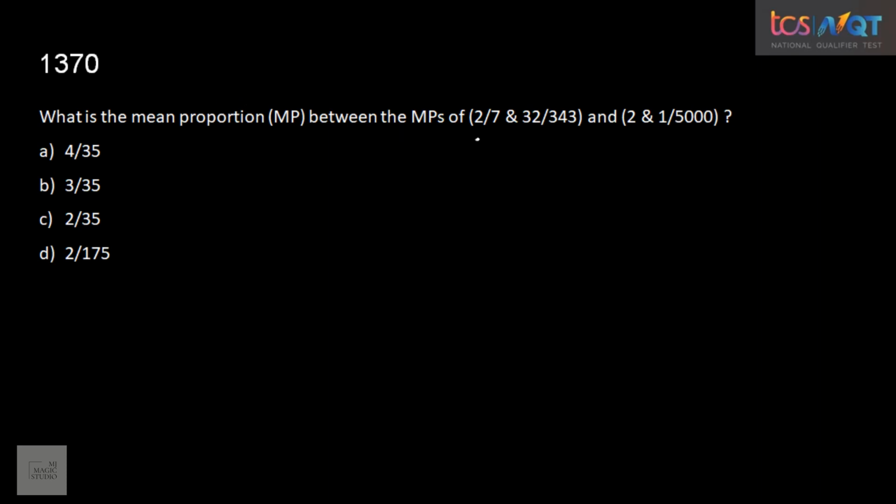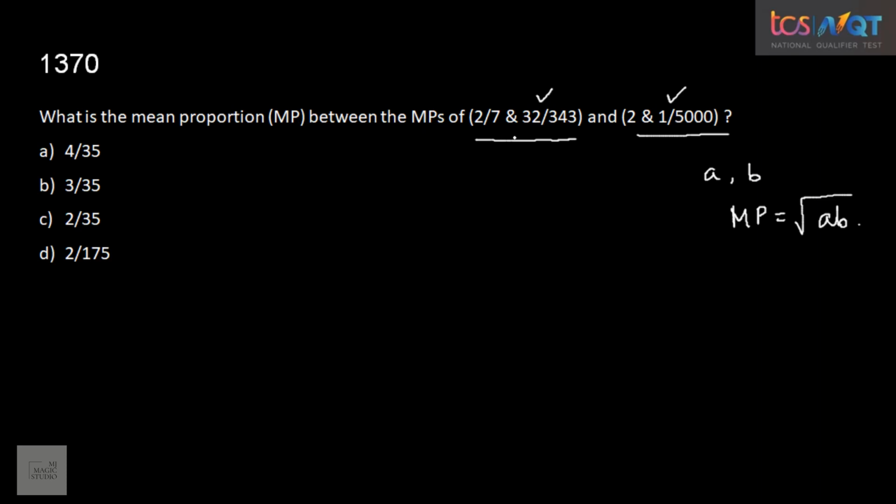What is the mean proportion between this and this? First of all, if we have two numbers A and B, then the mean proportion is given by root over A into B. So first we need to find the mean proportion of this and the mean proportion of this.